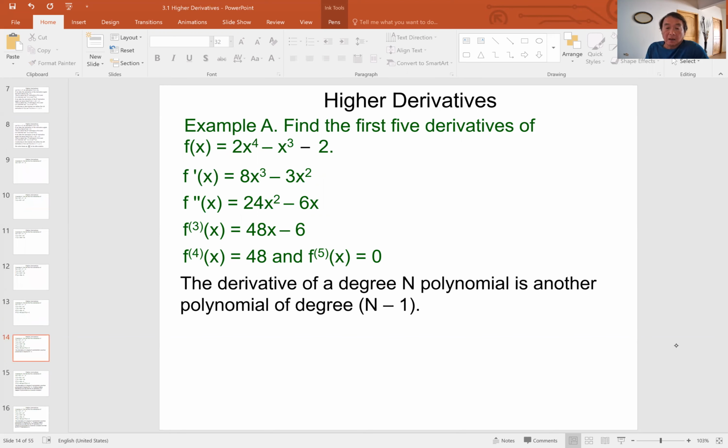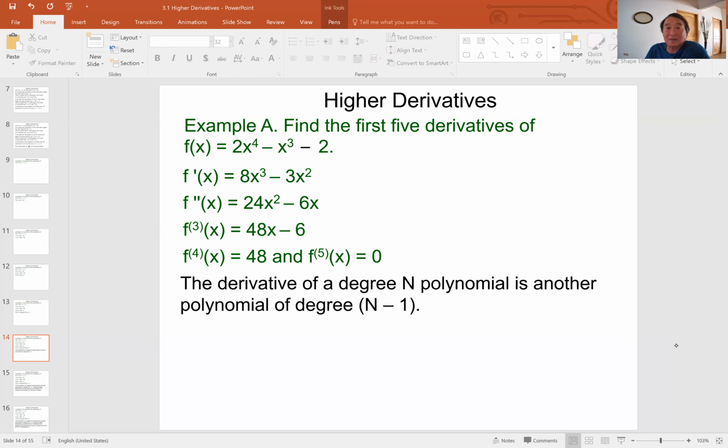Okay. And so in general, you have a polynomial. If you take a derivative, the power gets subtracted by 1. So you have an nth degree polynomial. You do the derivative n times, and you wind up with a constant.